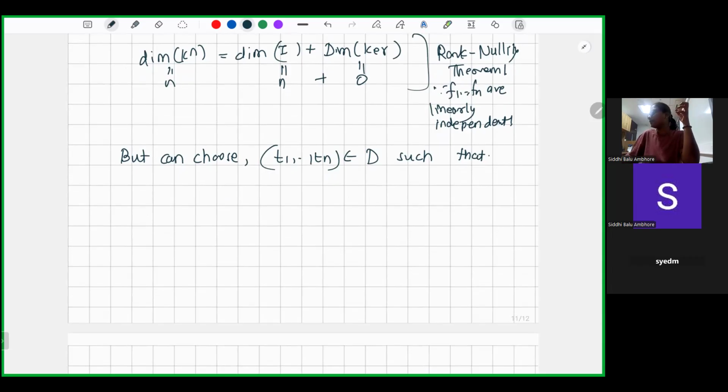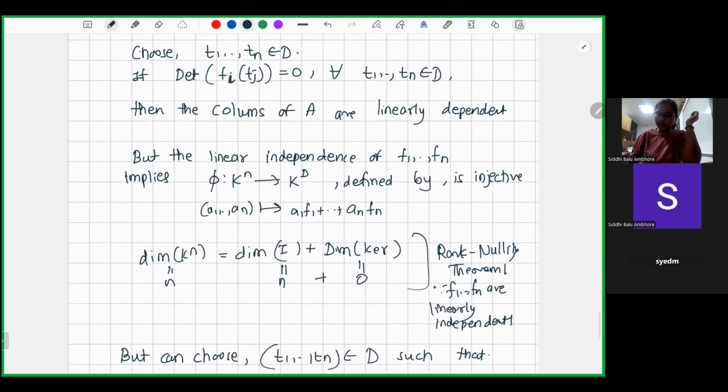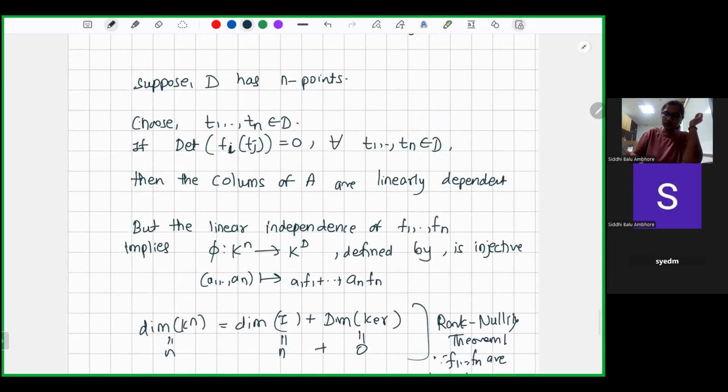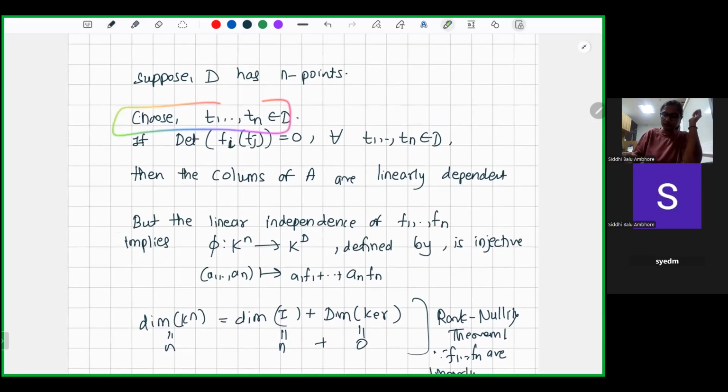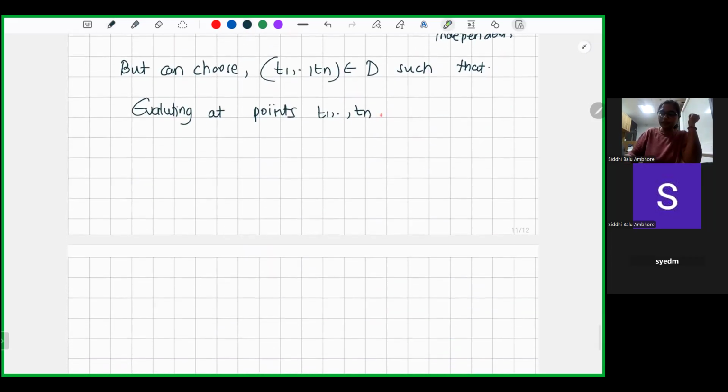Wait, what are we doing? Evaluating at T1 to Tn, the matrix represents the linear map. Okay, so evaluating this at points T1 to Tn, which we chose already here, we get a map.